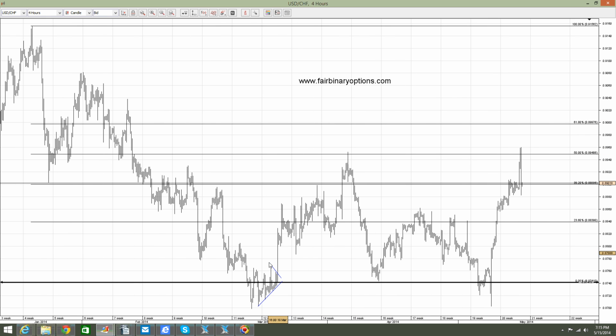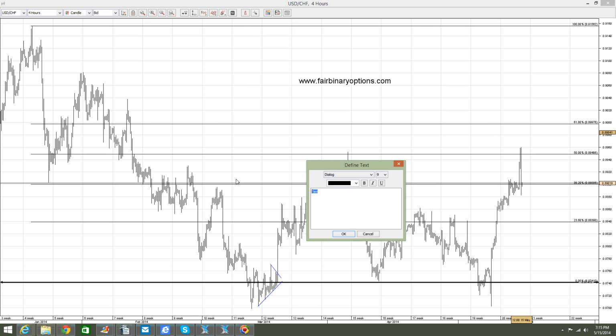Therefore everything that ends here ends with a so-called intervening wave or a connective wave, and this is an X wave of a bigger degree.